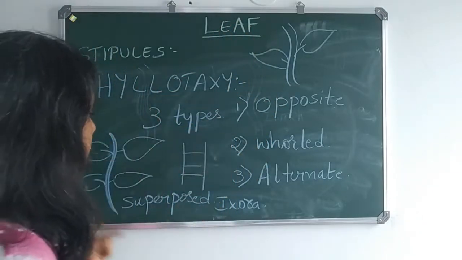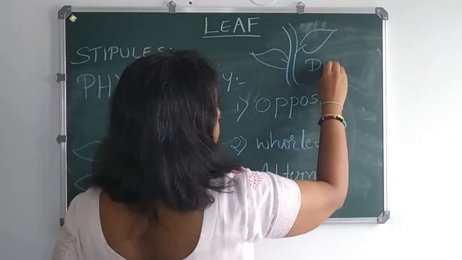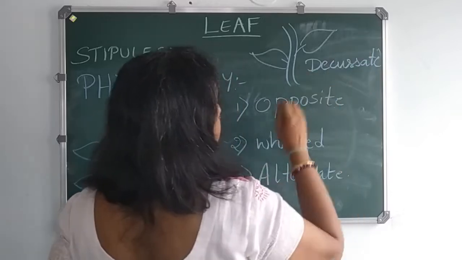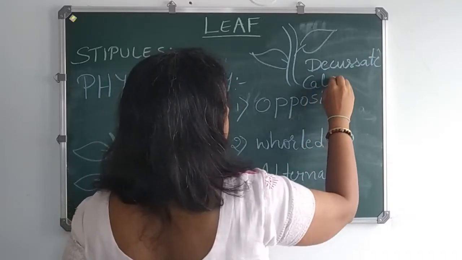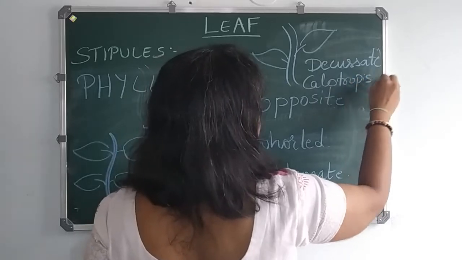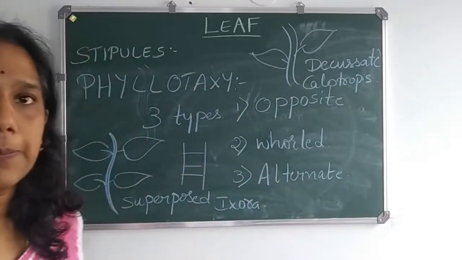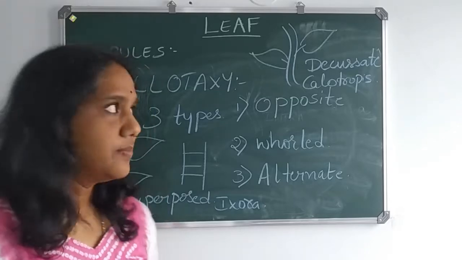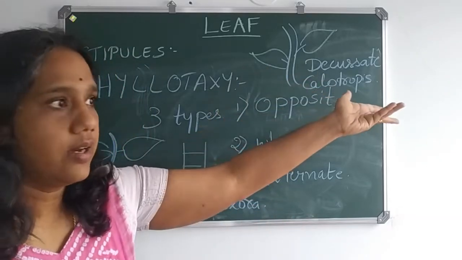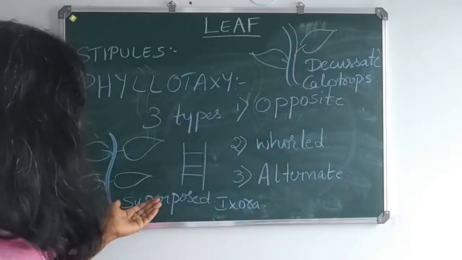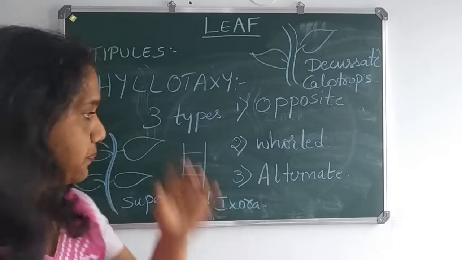Such an arrangement we call decussate. An example for this is calotropis. Calotropis in Kannada means yekka. If you go out, please make a note, and if you see yekkadelle, you will be able to appreciate the decussate type of phyllotaxy.